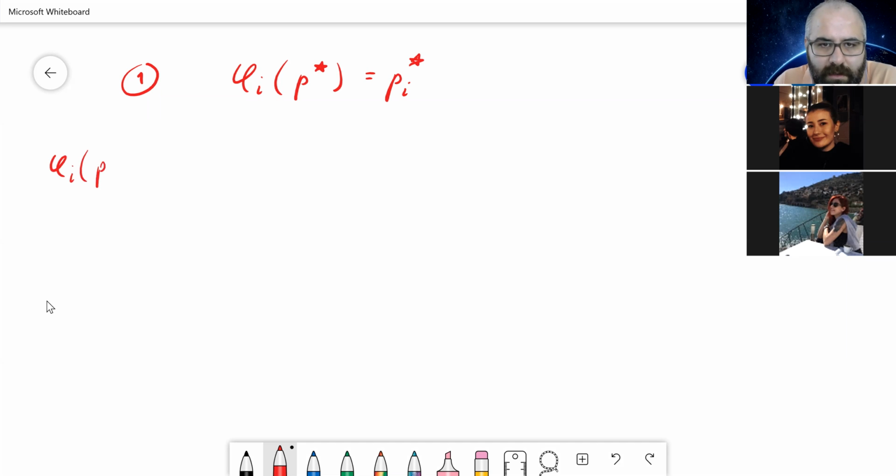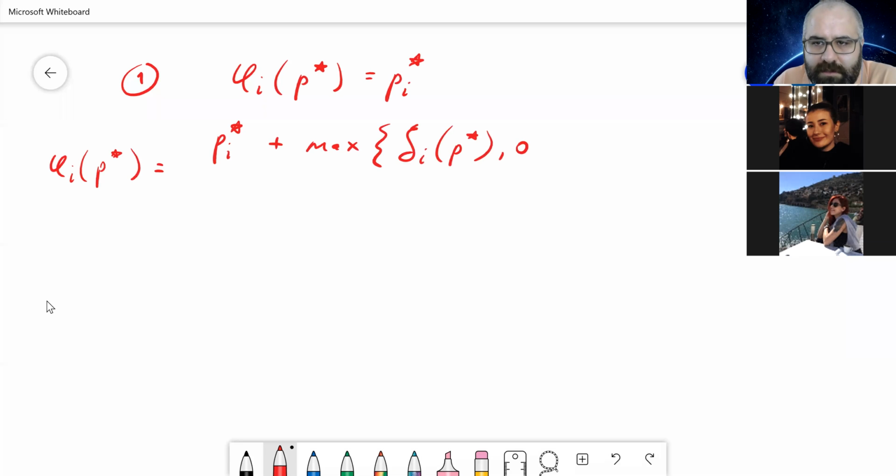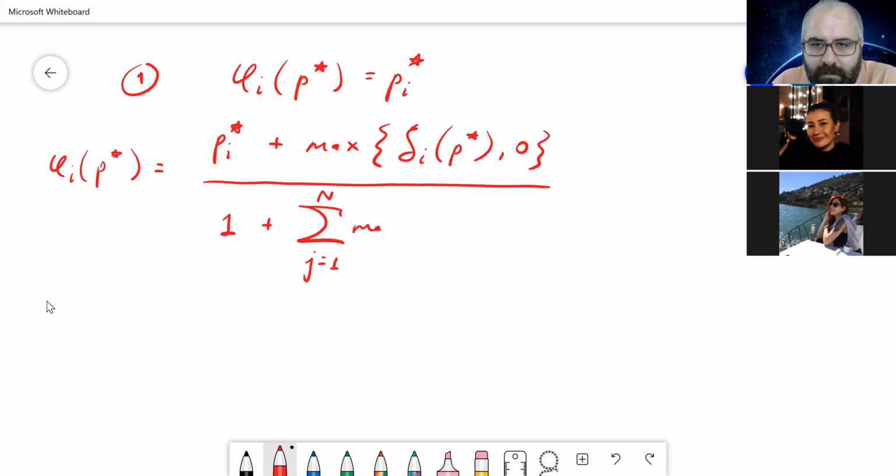Phi of P star, in that case, of course, is Pi star plus the maximum of zeta i of P star, 0, divided by 1 plus the summation from j equal to 1 to n of the maximum of zeta j of P star, 0.